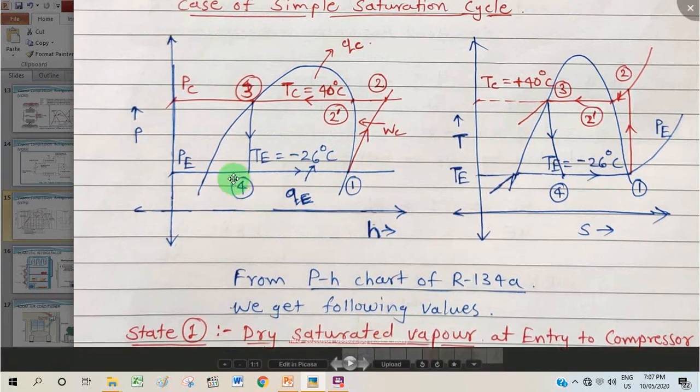For state 4 there are two corresponding saturation states. One is the saturated liquid state at this same saturation temperature, and the other corresponding state is the saturated vapor state, which is equal to 1.